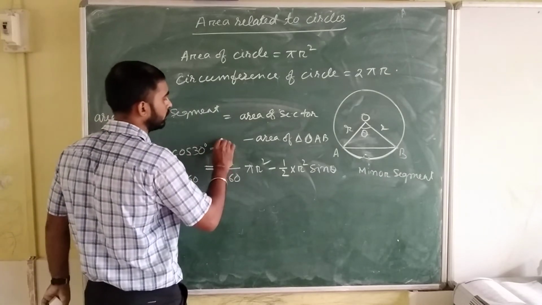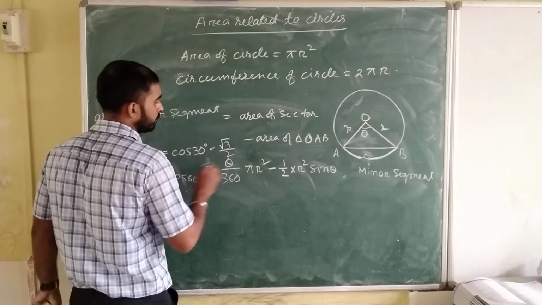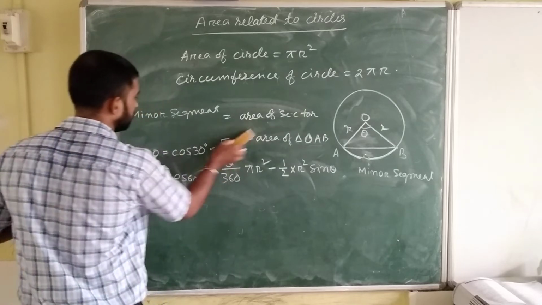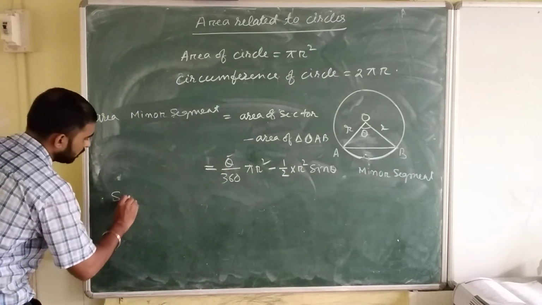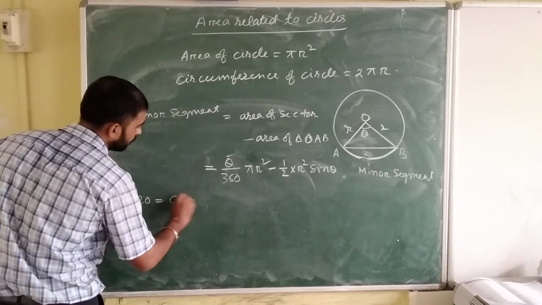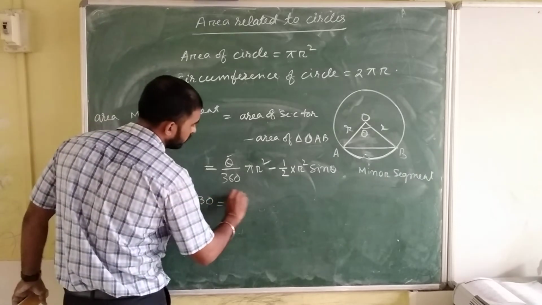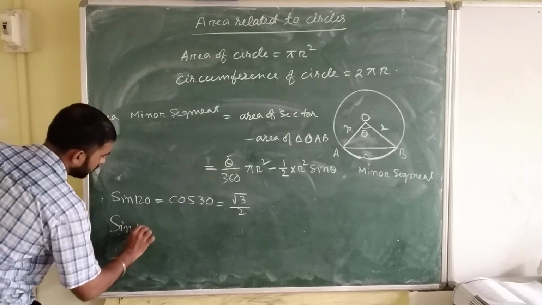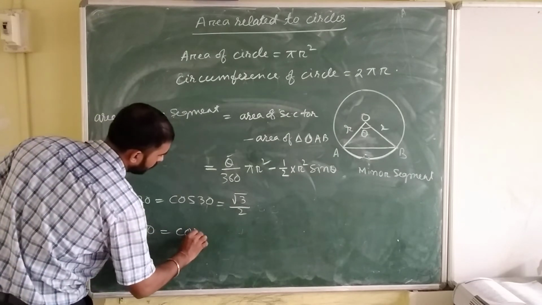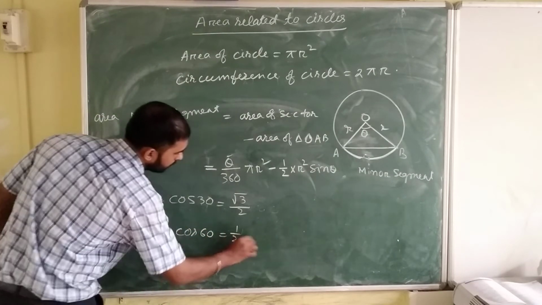So sine 120 equals cos of 30, that is root 3 by 2. And sine of 150 equals cos of 60, that is half.